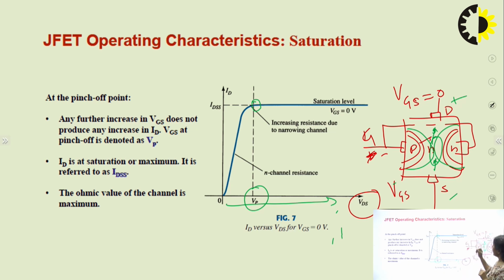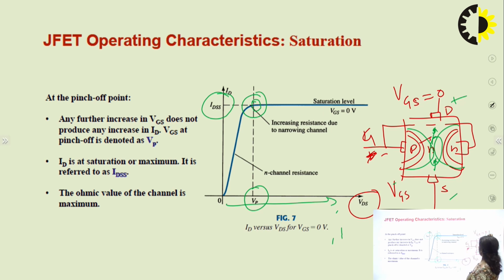That means at that point of time your resistance is maximum, and after that your curve will almost get flat and the current gets constant, and this current is the maximum current flowing through the curve.